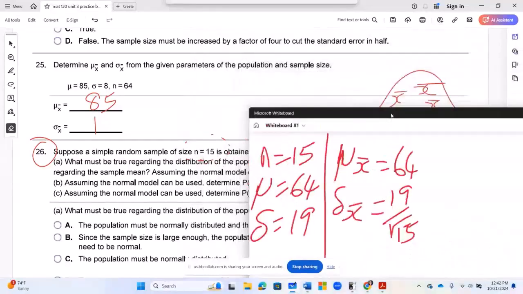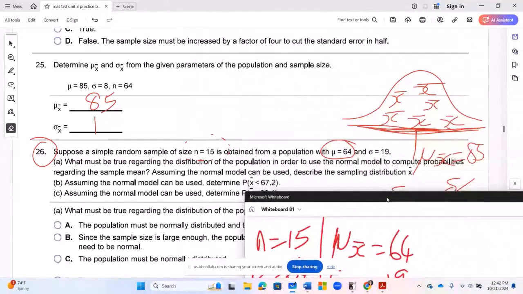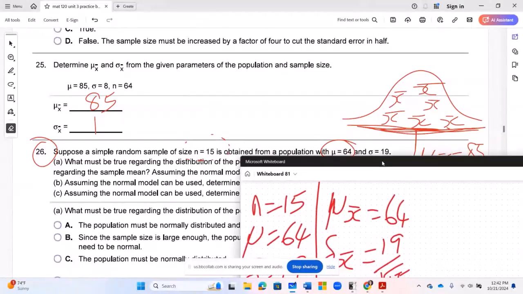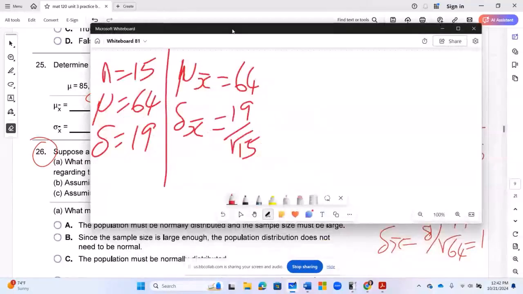So assuming the normal model can be used, determine the probability that the random variable x bar is less than 67.2. So I'm going to draw a normal curve. The mean of this data, mu x bar, is 64.